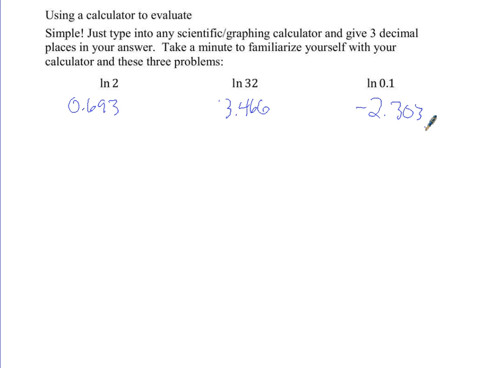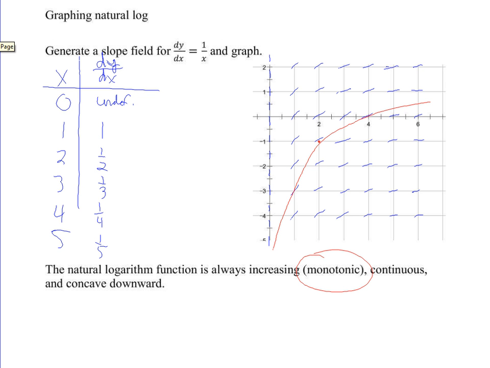Why is it negative? Let me go back to the graph. 0.1 is like right here. And granted, I picked this as my original here, but when we graph the natural log function, we'll see this behavior. It turns out that this graph actually normally lives up here. So by the time you get to here, the graph has gone negative. Okay?